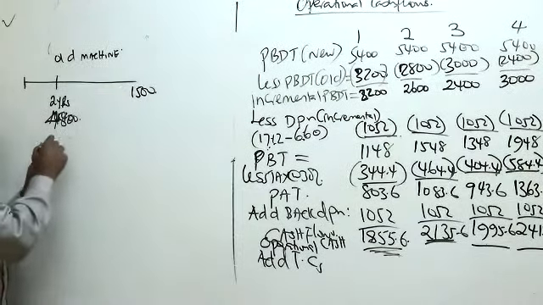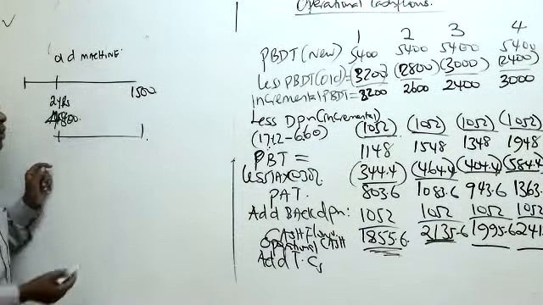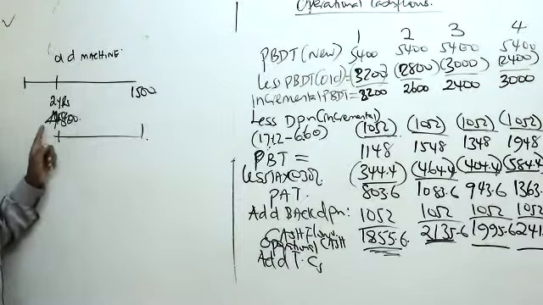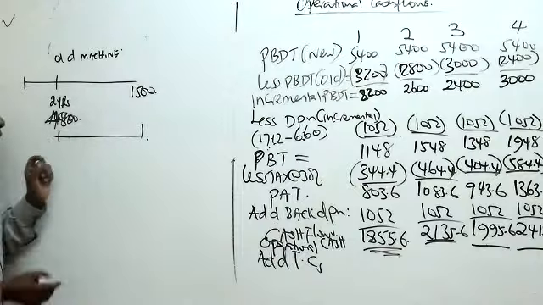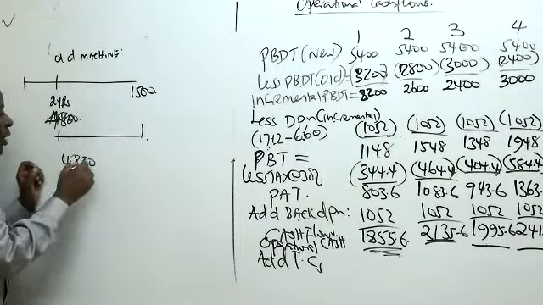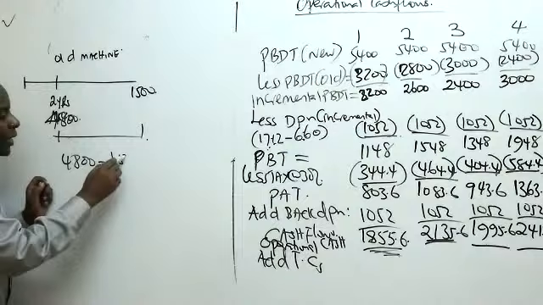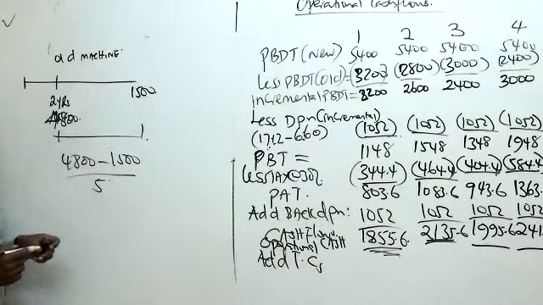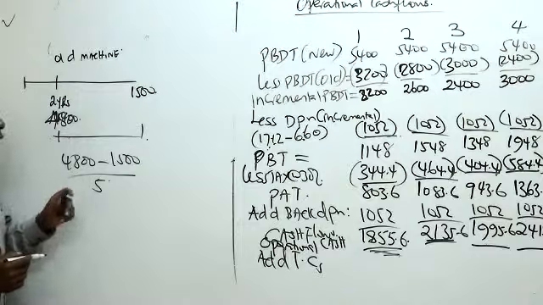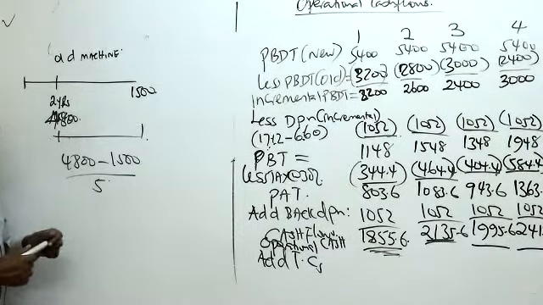So how do we get the depreciation? We take this net book value as the original cost for the period: 4,800 minus the scrap value of 1,500, divided by the 5 years. If you do it that way, you should be able to get the 660.